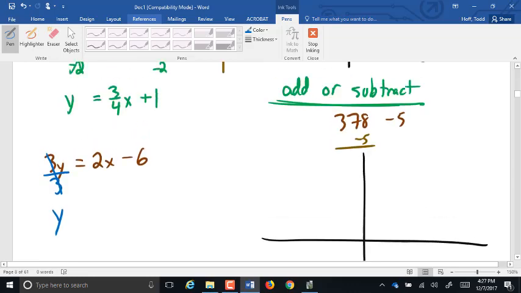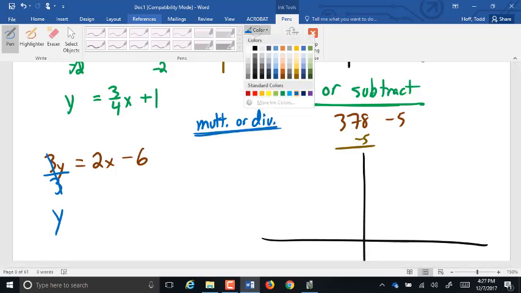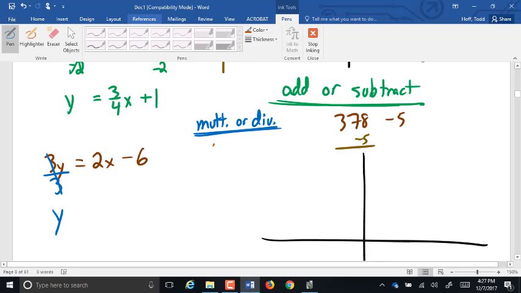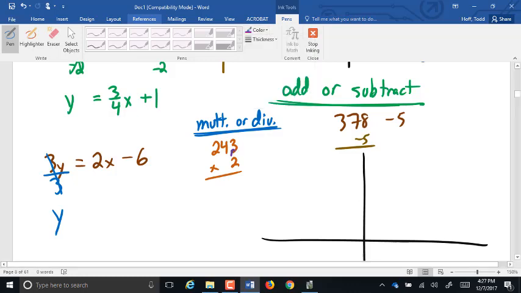When we multiply or divide an equation, if you think about 243 times 2, that 2 multiplies the 3, but it also multiplies the 4 and the other 2.